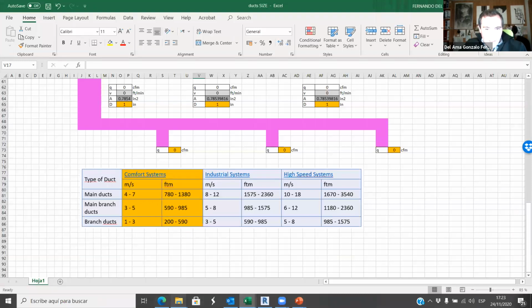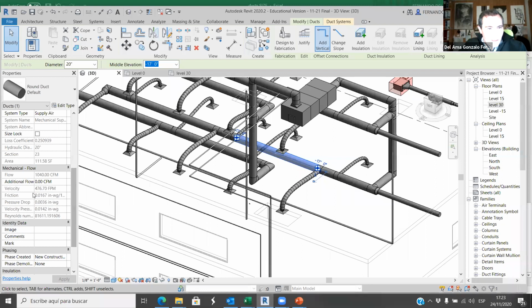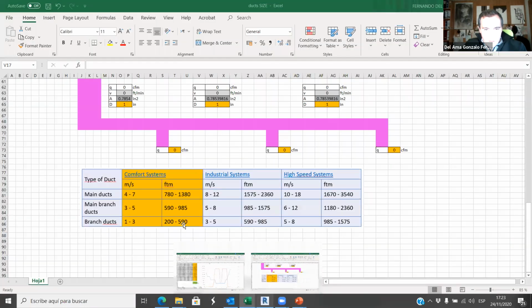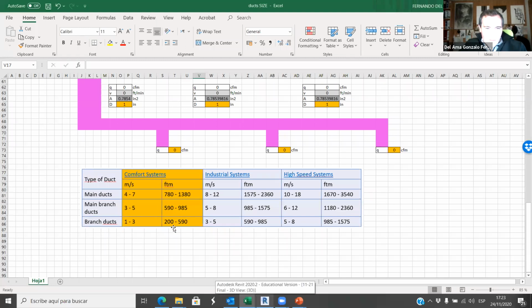That makes sense. So if we click this, the velocity here is 400, so it's perfect. Okay, so what is the velocity here? It's 700. So this is probably too much, but well, the maximum should be around 600, and it's 700.